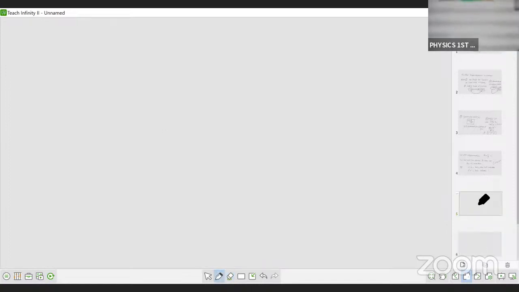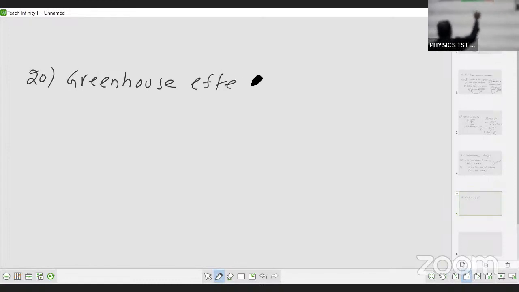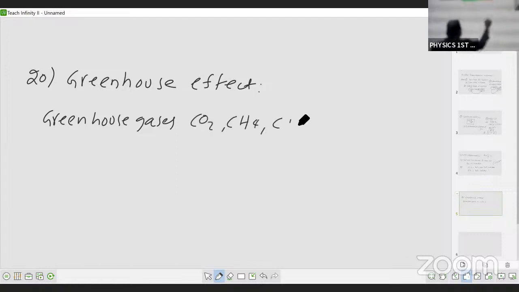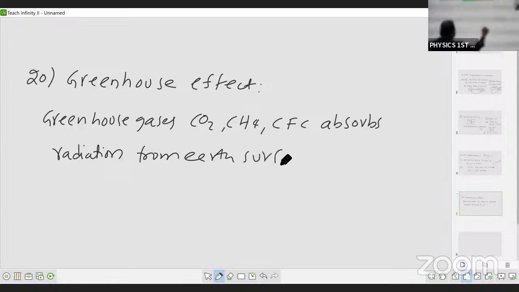See, now here, student, I am writing the greenhouse effect. Don't think greenhouse means green color. Greenhouse gases, carbon dioxide, methane, CFC, chlorofluorocarbon, absorb radiation from the Earth's surface.